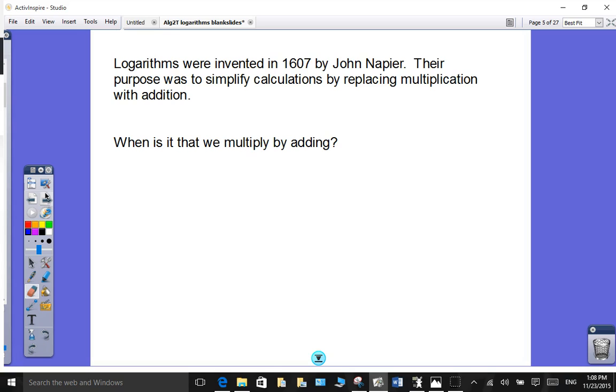So, because we've already done this in this class, when is it that we multiply by adding? Anybody? When is it that we multiply by adding?